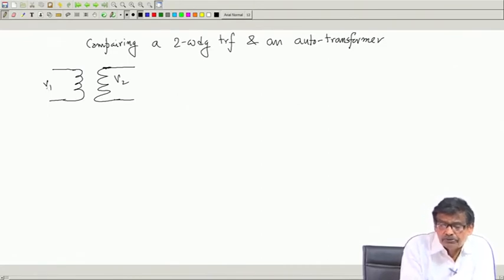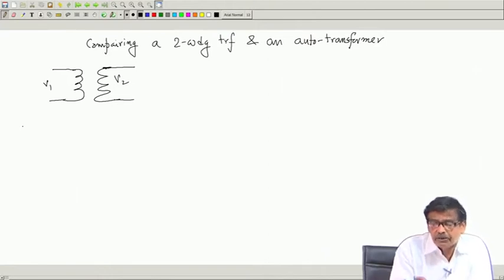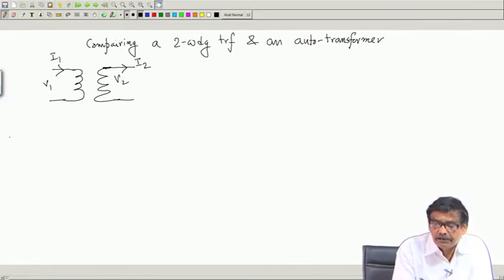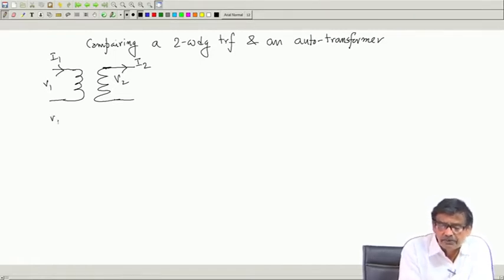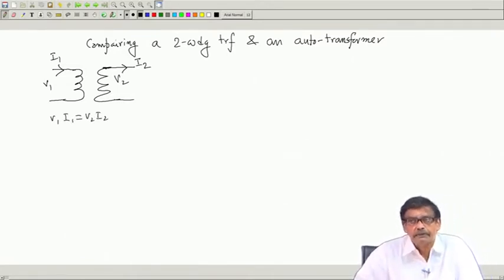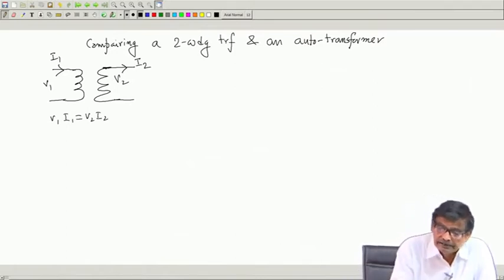So I want to transform an available voltage V1 to a level V2, and I must see that the current delivered to the load is I2, that is, I must also specify the kVA rating. So the transformer will deliver V2 I2. So V1 I1 equals V2 I2, that is what I want to do, got the point? And this is your two winding transformer.